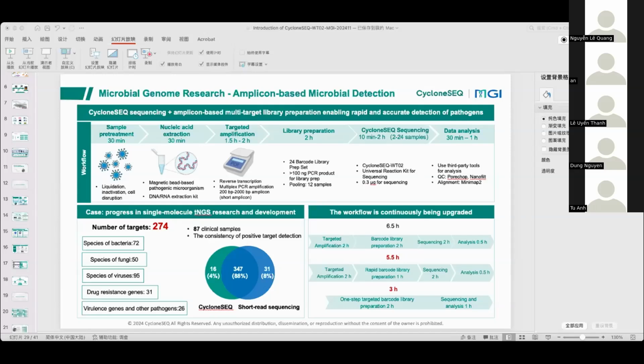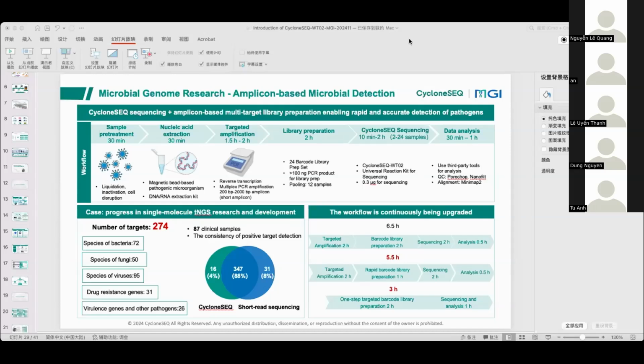Yeah, if you use a kit that is not our recommendation, we can't ensure the DNA quality, so we can't guarantee enough DNA output.